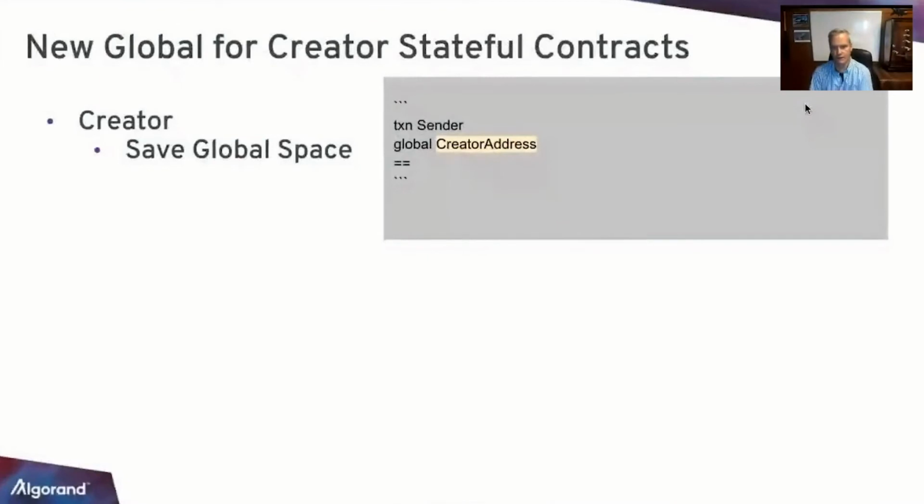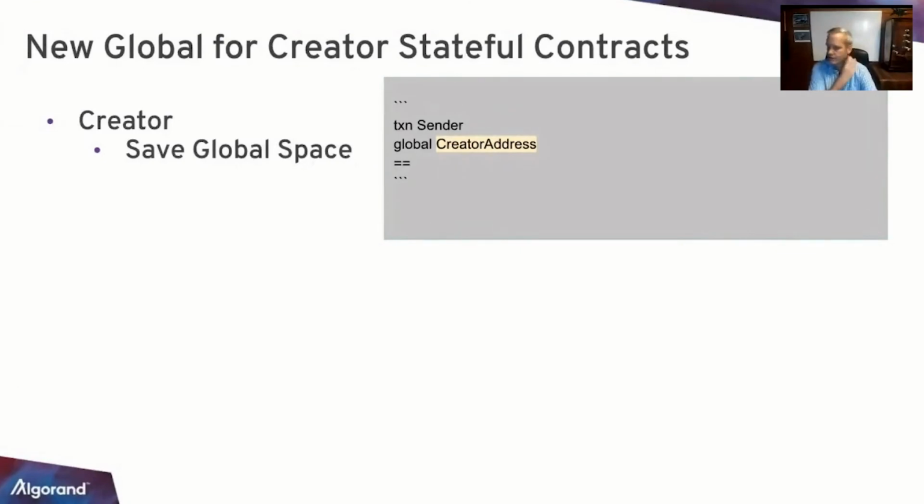All right, a couple other things have been added. One of the things that people typically do is explain to you that you can update or delete a stateful smart contract. Anyone can. So a lot of times people will put logic in to prevent that from ever happening, or they will put logic in that says only the creator can update or delete the smart contract.